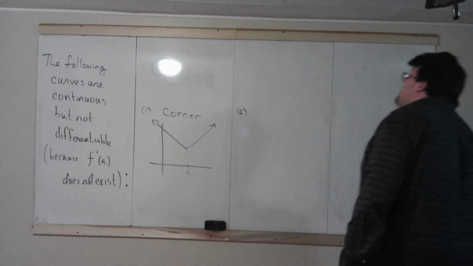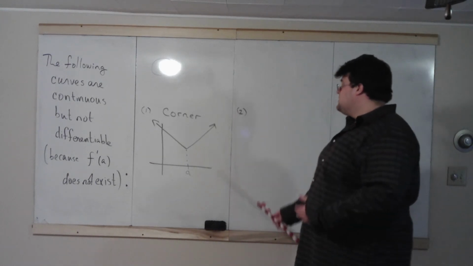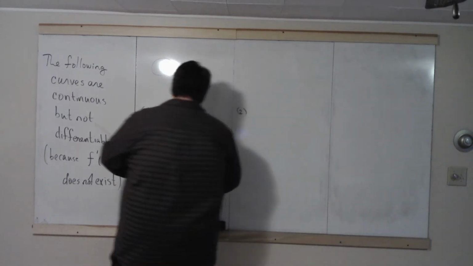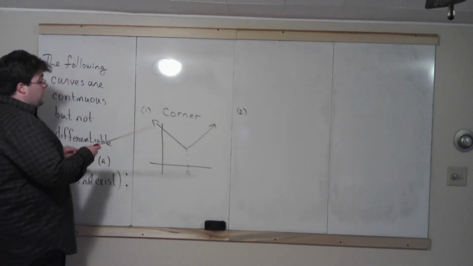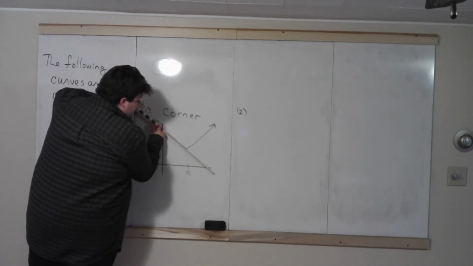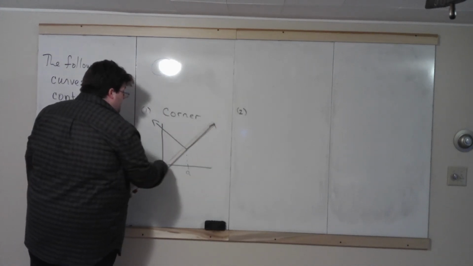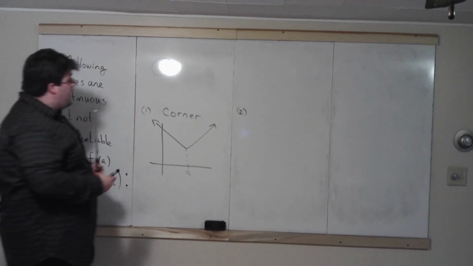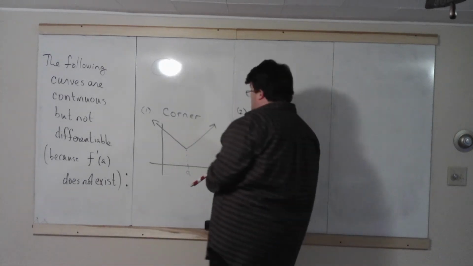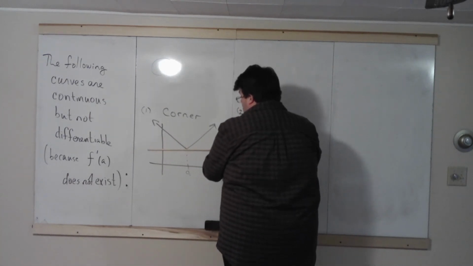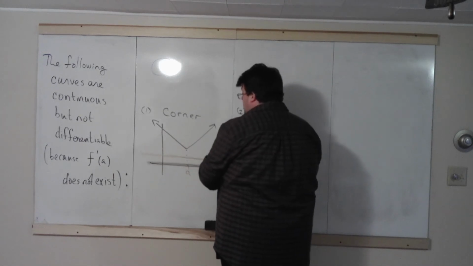Okay, great. First, a corner. So this is the generalization of the absolute value. Why does f prime at a not exist? Well, on the left of a, we have these negative slopes, and then on the right of a, we have these positive slopes. And we call that a corner function. So at a, it won't exist. The slope of the tangent line at a is not 0, because there's a point there.